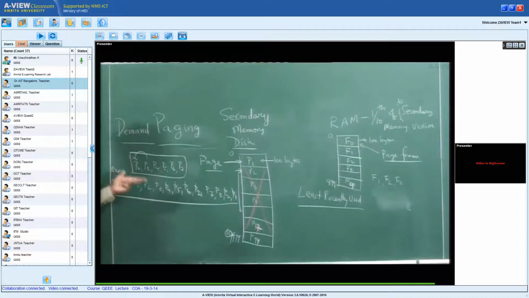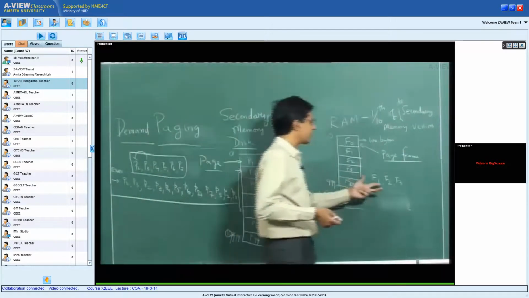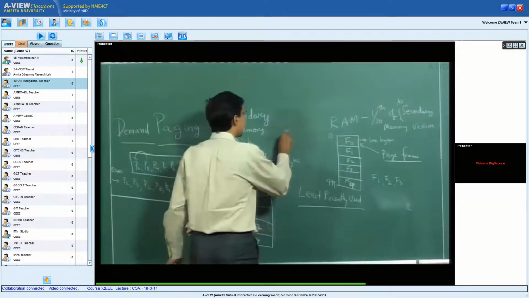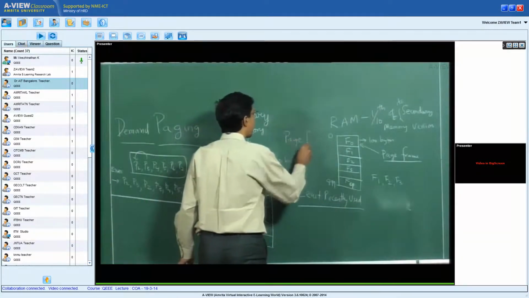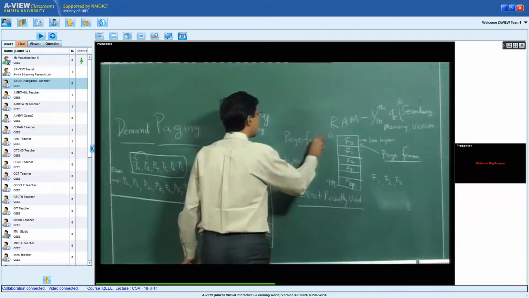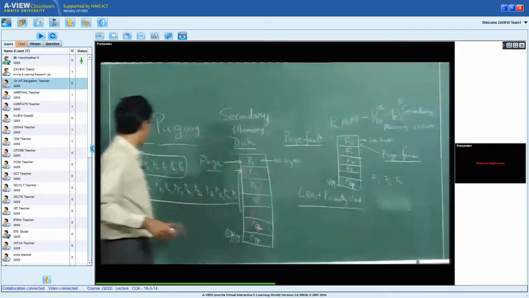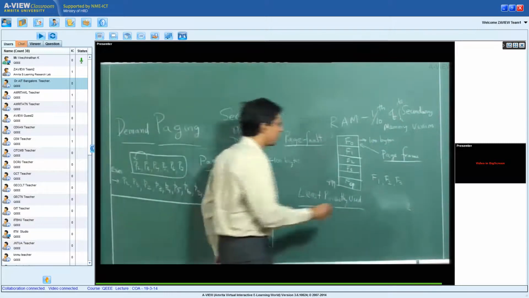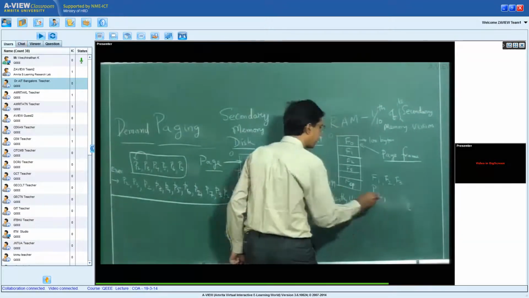It does not find page 2 in any one of these frames. So this raises something called a page fault, because I could not find page 2 loaded in any of these frames. The moment the page fault comes, I load P2 into frame 1.